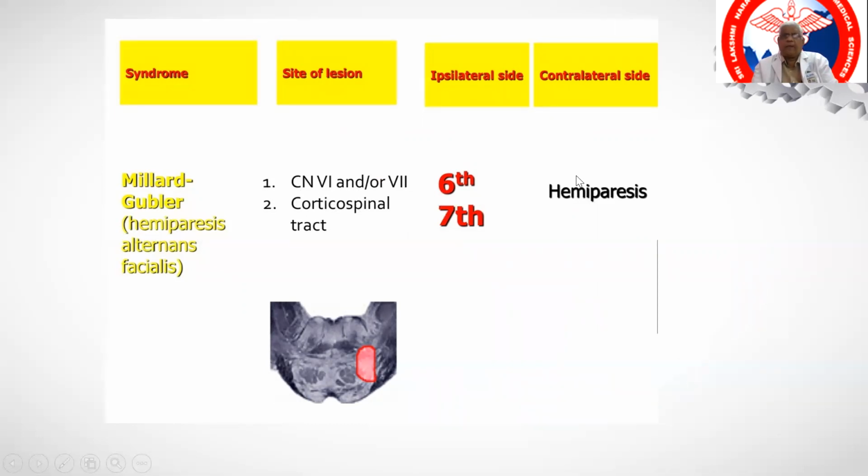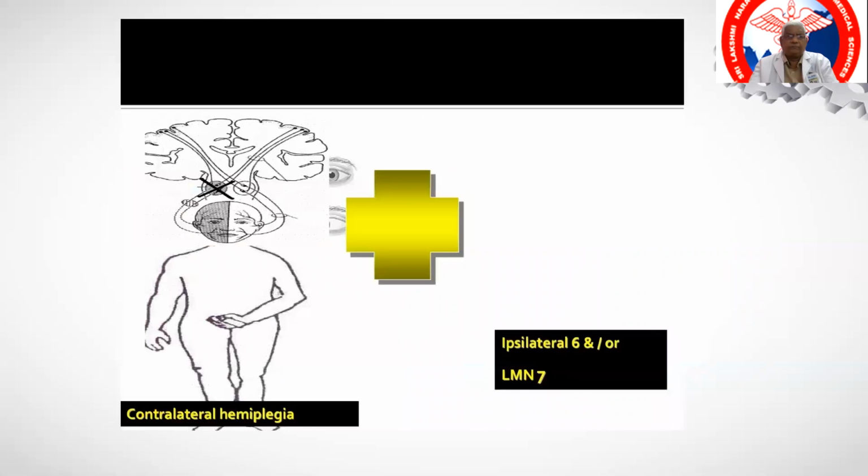This is Millard-Gubler syndrome. Here you see the same explanation: ipsilateral 6th or 7th nerve, contralateral hemiplegia.